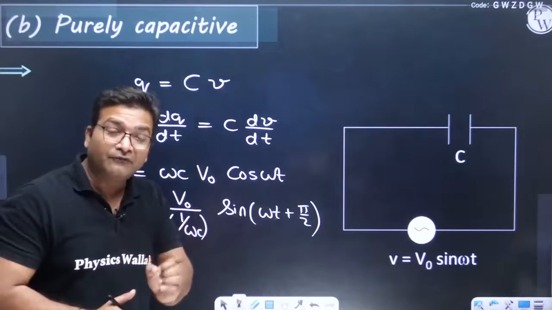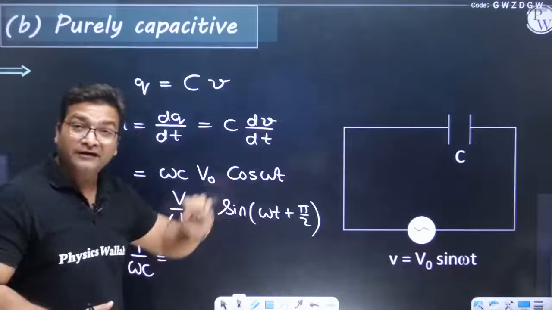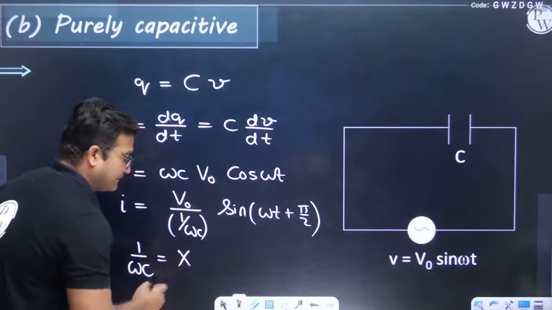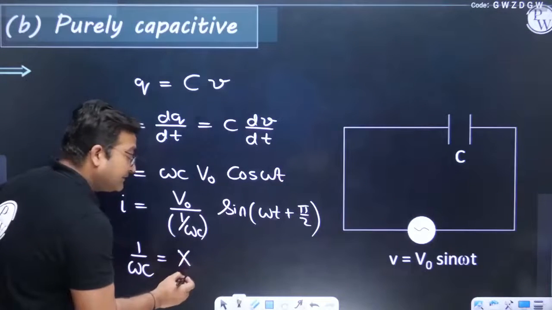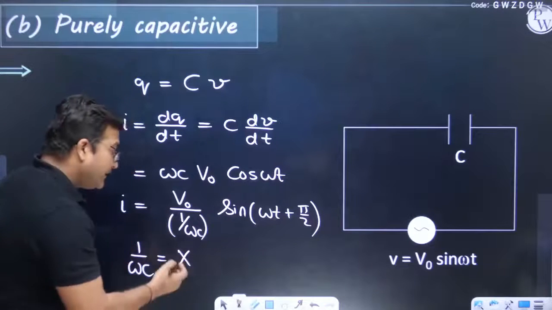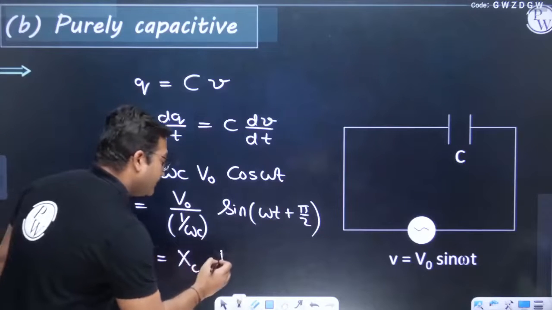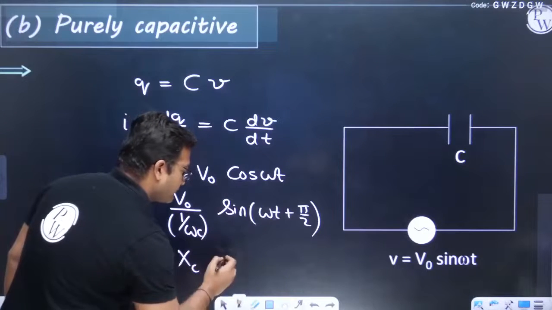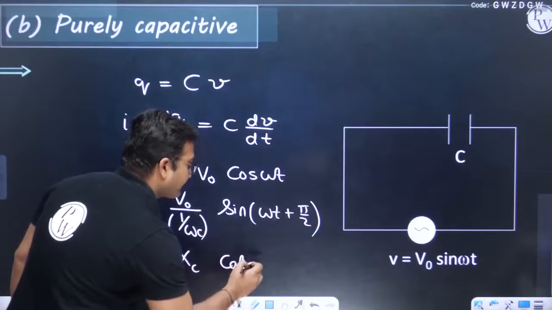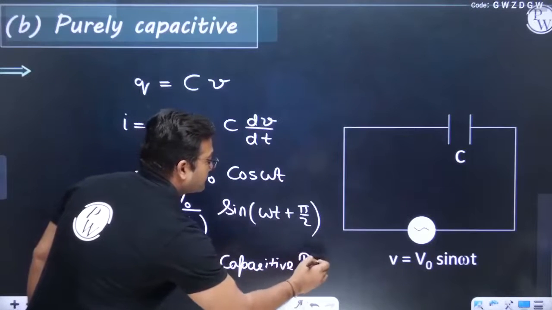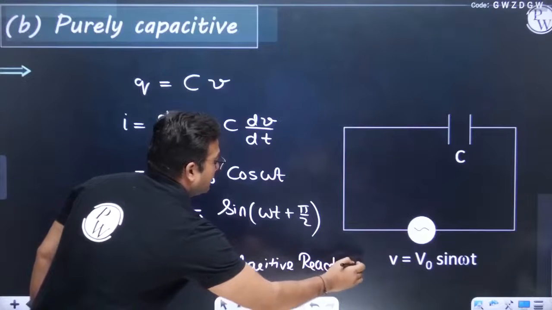It is called reactance X, and as it is the reactance of a capacitor, it is called capacitive reactance.